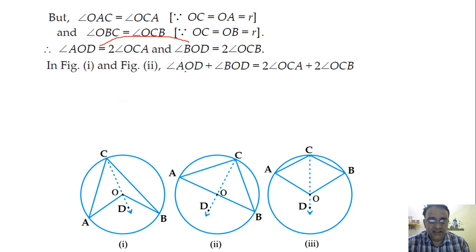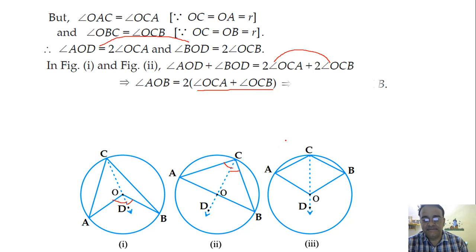Yes, sir. Okay. Now in figures 1 and 2, if we add these two, what will we get? Adding angle AOD and angle BOD, we get angle AOB, right? And if we take 2 common and add these two angles, this one and this one, we get angle ACB. So the proof is done for the first and second figures.